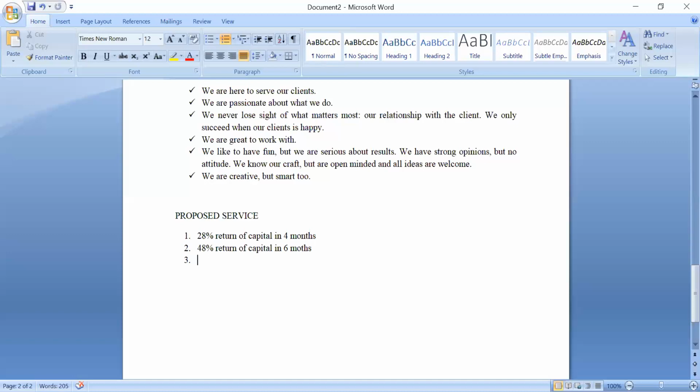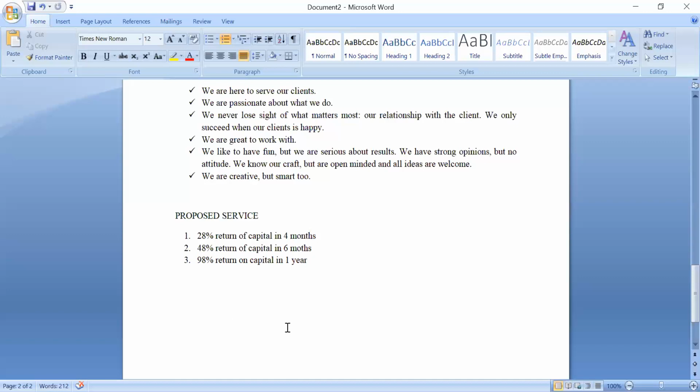We have the third one, that is 98% return on capital in 1 year. So we have this as well. These are the 3 things we have in our investment platform.